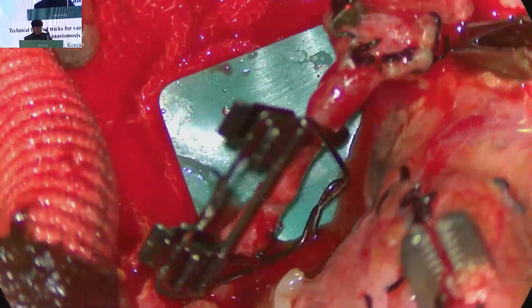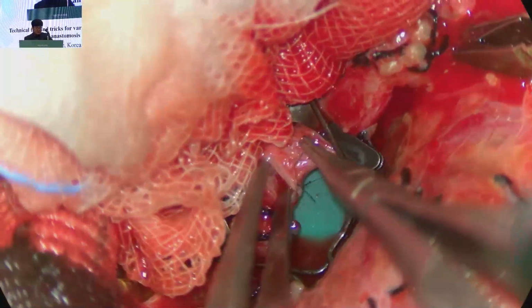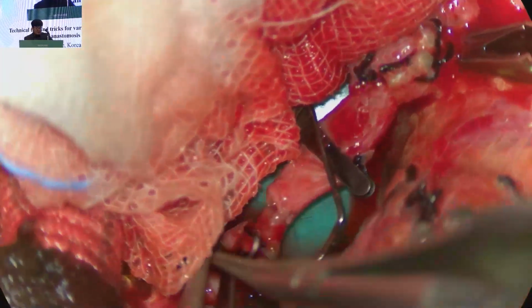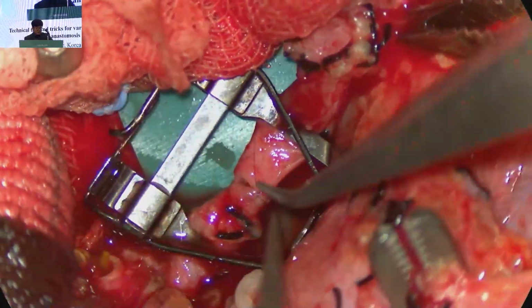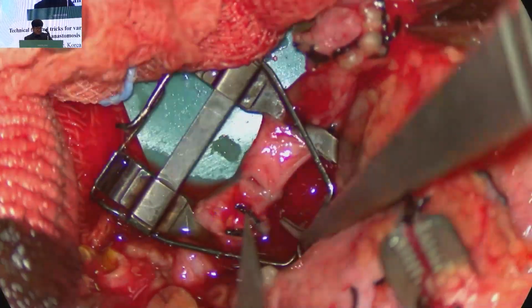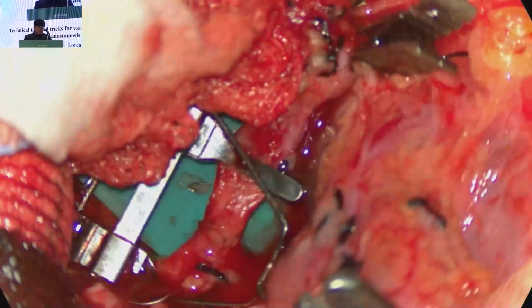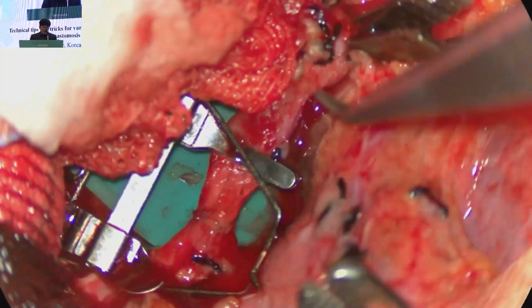After completing the anterior wall, rotate 180 degrees to ensure secure suturing of the inner layer of the intima. Proceed with suturing the posterior wall as well. After completing the posterior suture, release the clamp and inspect for any areas of bleeding.